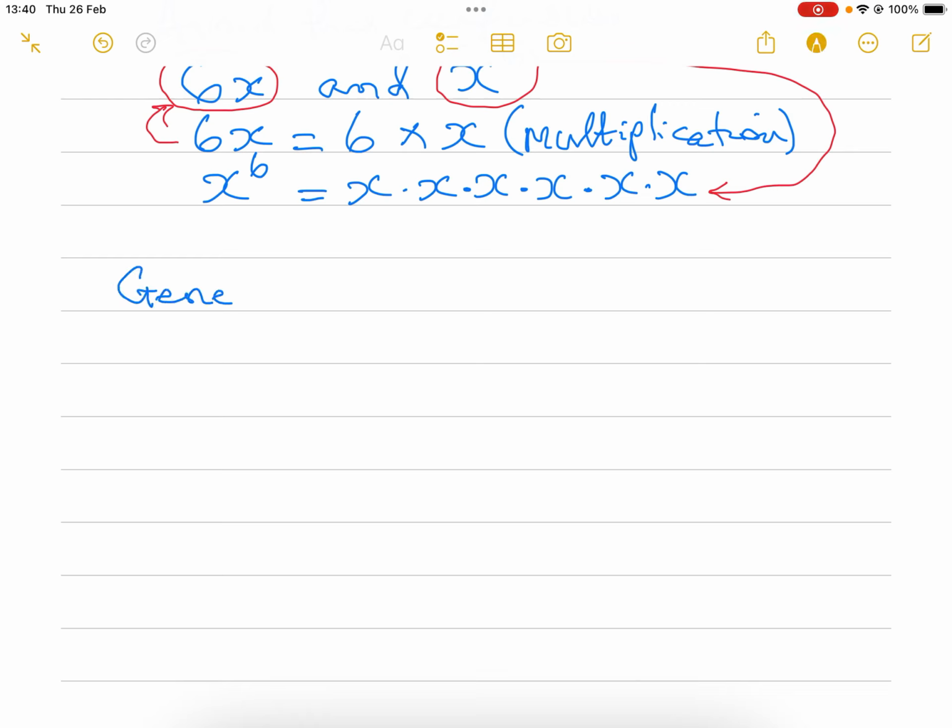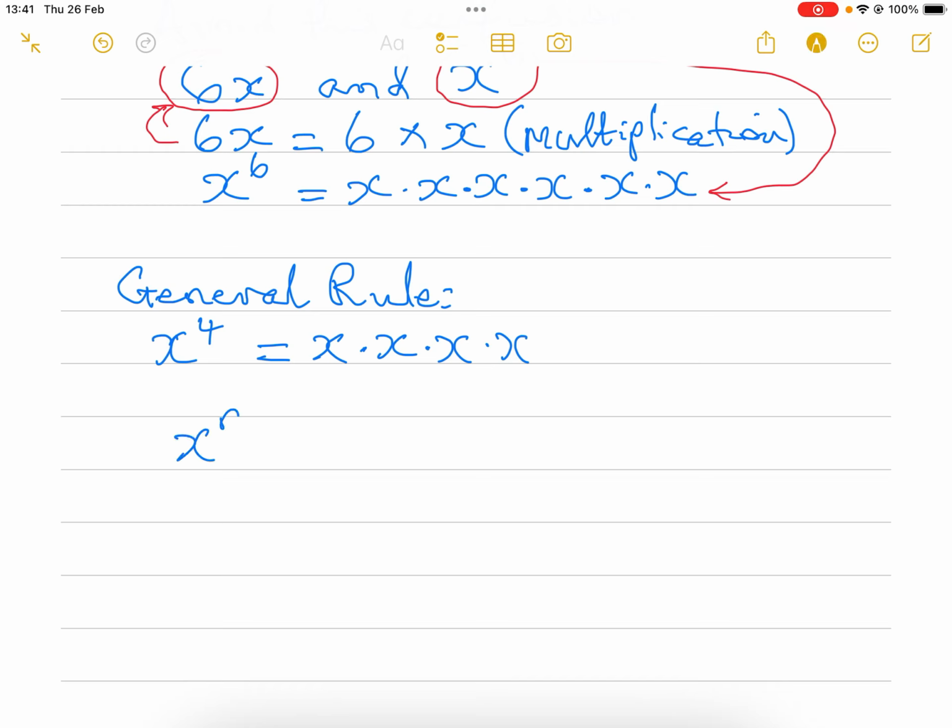Let's build towards a general rule. When you have x raised to power 4, let's expand it. Expansion means x times x times x times x.